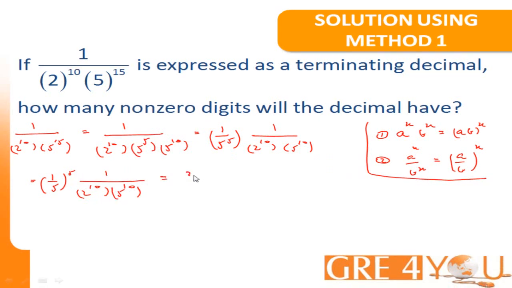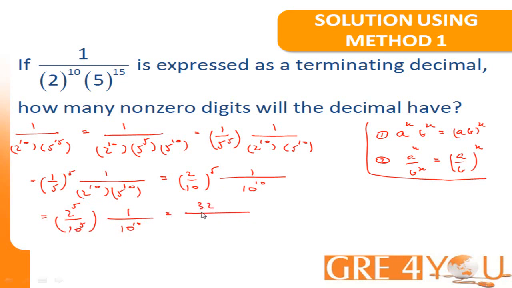Now 1 over 5 can be rewritten as 2 over 10, and I keep the exponent of 5 over there, times 1 over 2 to the 10 times 5 to the 10, which is a 10 to the 10. Now I can use exponent rule number 2 again and split this up as 2 to the power 5 divided by 10 to the power 5 times 1 over 10 to the power 10. Now 2 to the power 5 is equal to 32, divided by 10 to the power 5 times 10 to the power 10, which is 10 to the power 15.